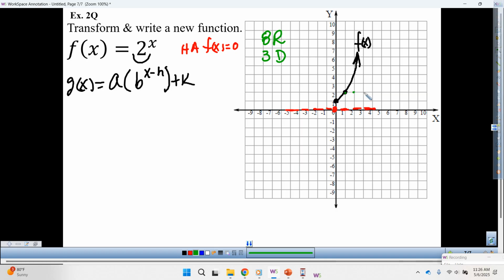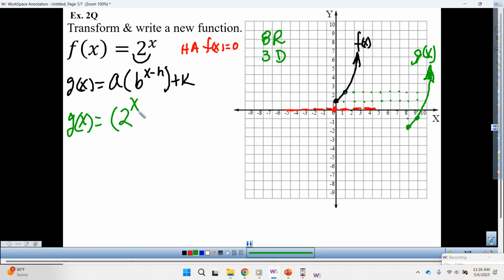So this one, 1, 2, 3, 4, 5, 6, 7, 8. 1, 2, 3. You label that g of x. So, did we stretch it or anything? No, so there's no a. We're still on base 2.